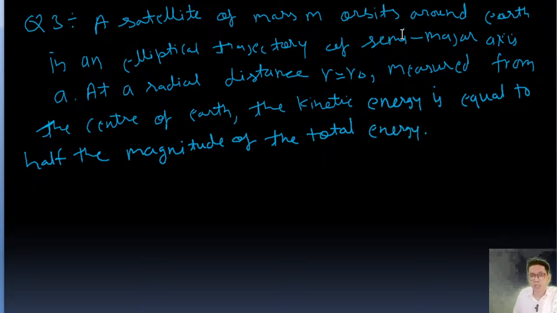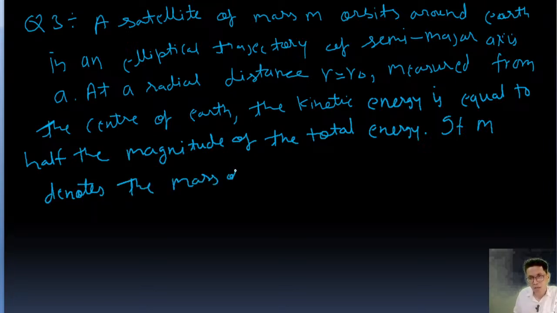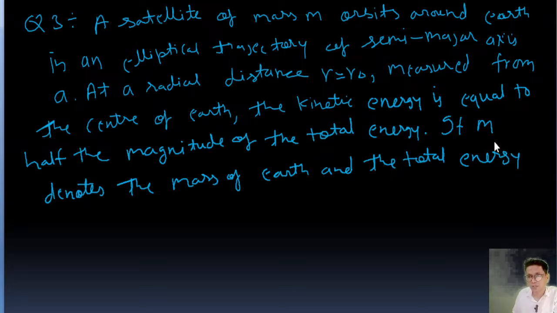If M denotes the mass of the earth, the total energy is minus GMm upon 2a.